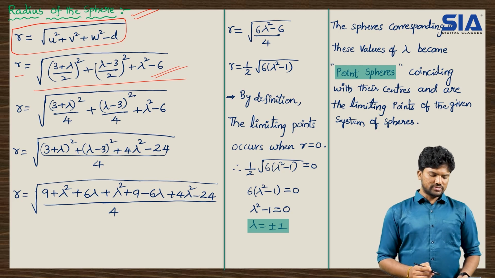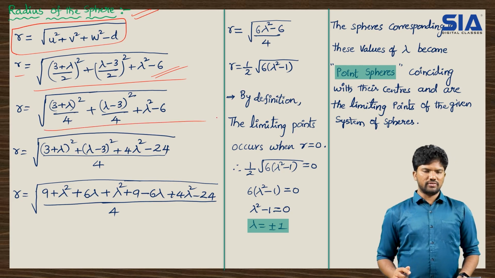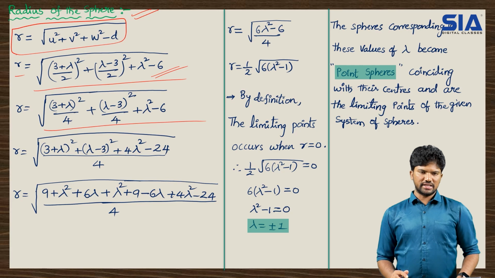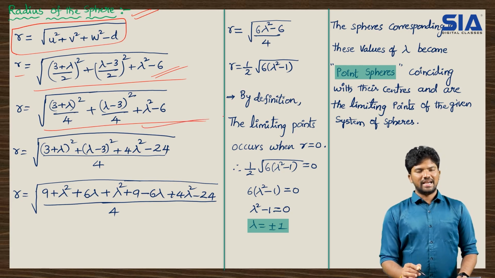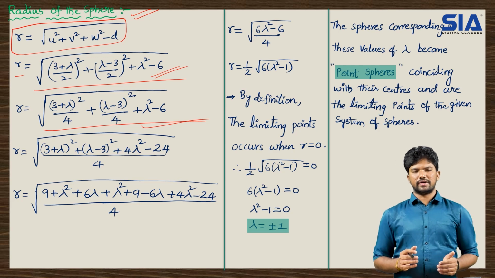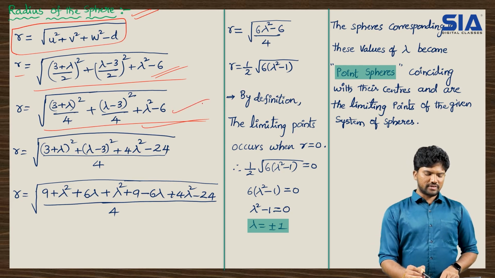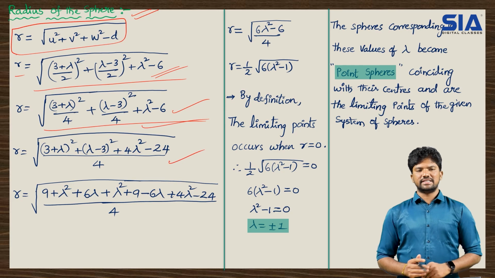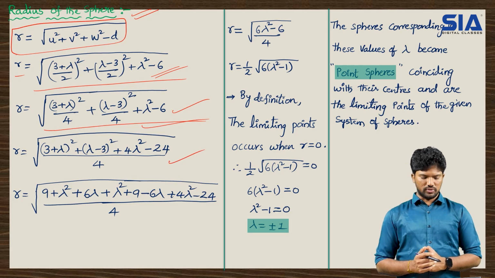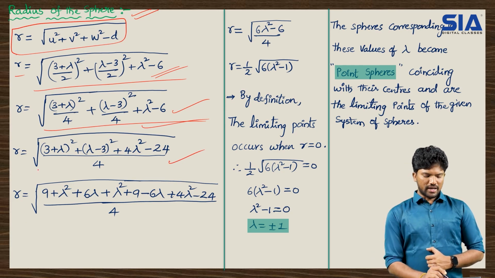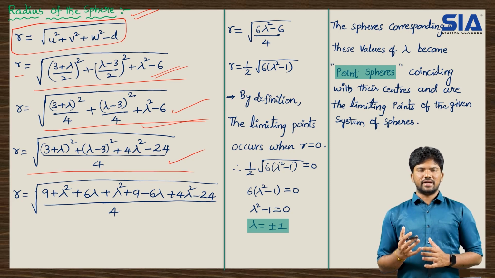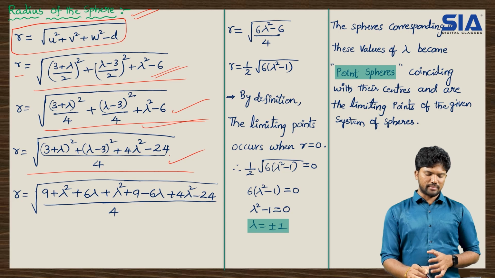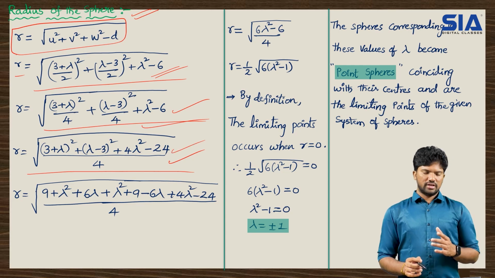Simplify by applying the square separately: (3 plus lambda) whole square by 4, (lambda minus 3) whole square by 4, plus lambda square minus 6. Take the LCM, overall 4 under the root. So r is equal to under root of (3 plus lambda) whole square plus (lambda minus 3) whole square plus 4 lambda square minus 24, all by 4.